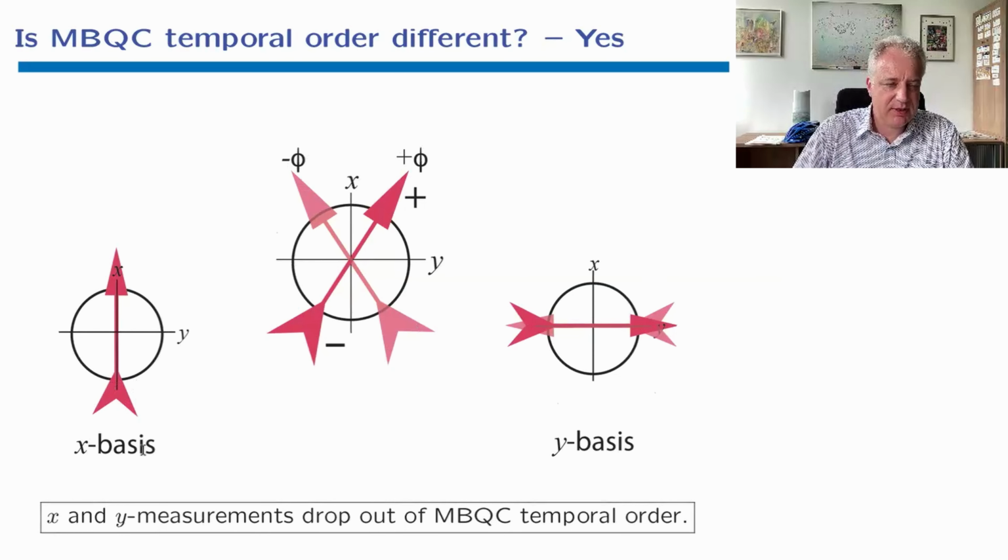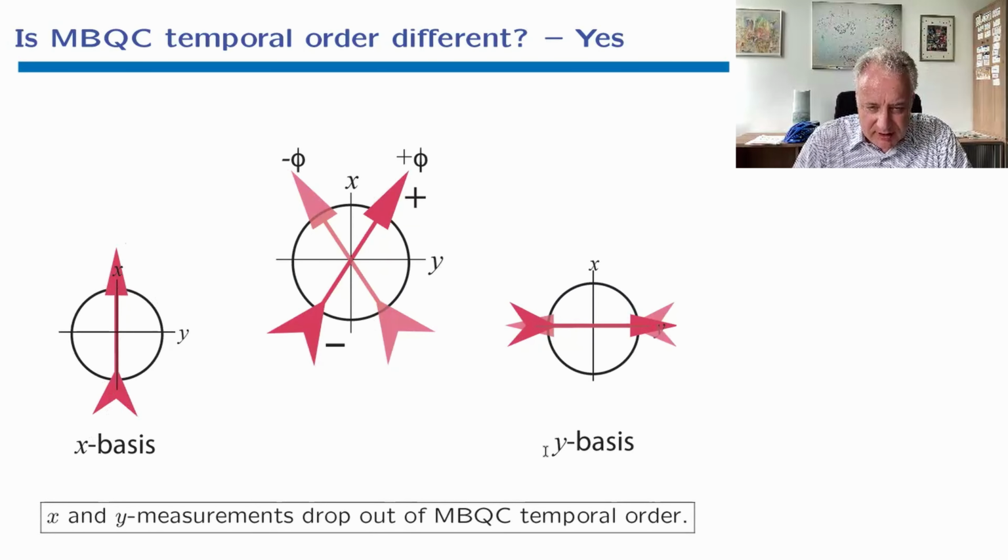First, the x basis is even pointwise invariant under this flip. The positive x eigenstate remains the positive x eigenstate under the x flip, and the negative eigenstate is just the same. So there's no effect. The measurement basis doesn't need to be adapted. And if that's the case, then measurements in the x basis completely drop out of the temporal order.